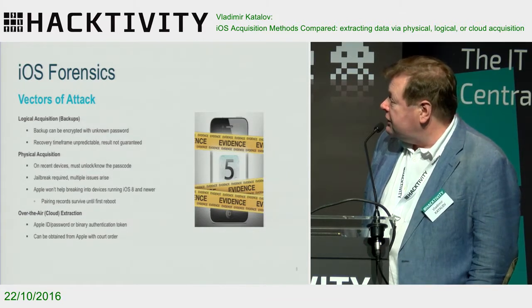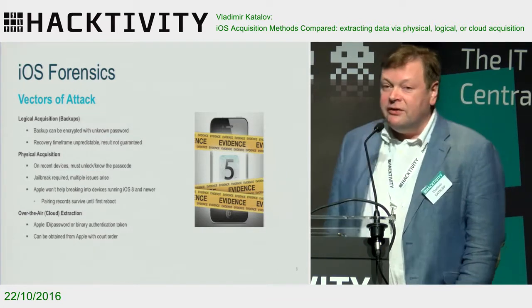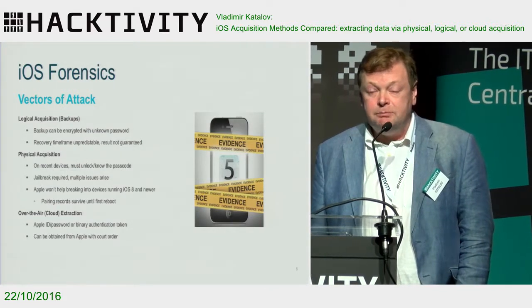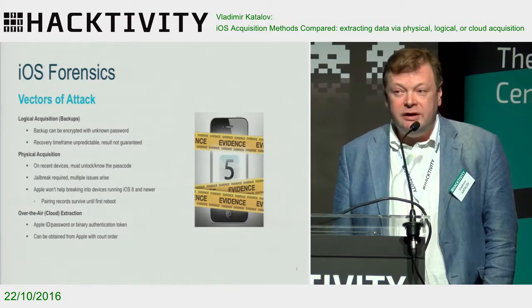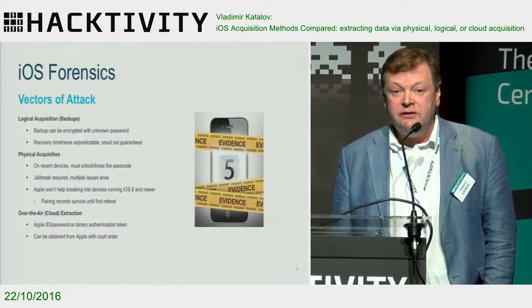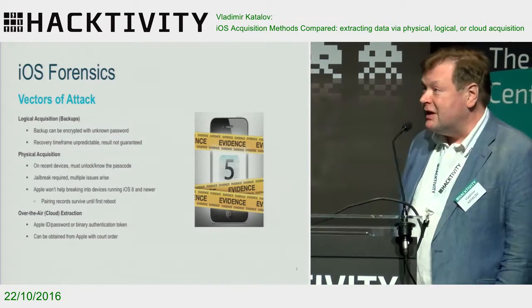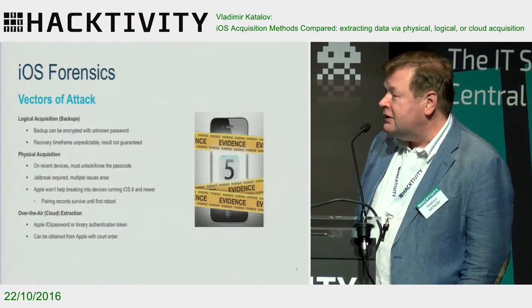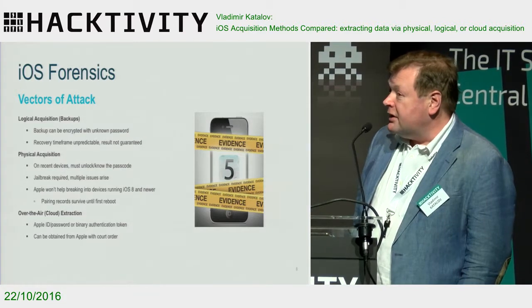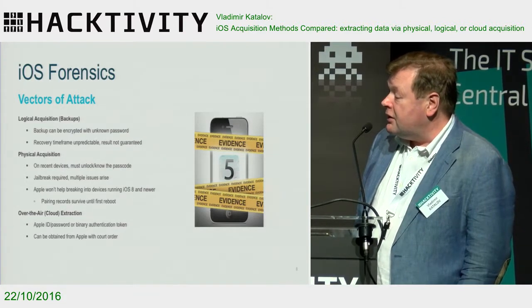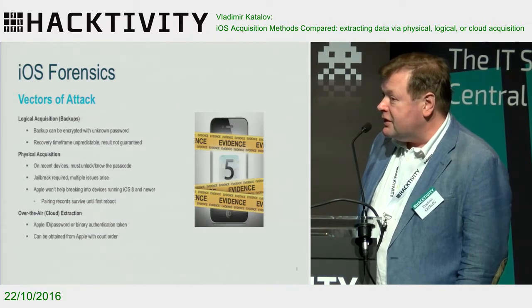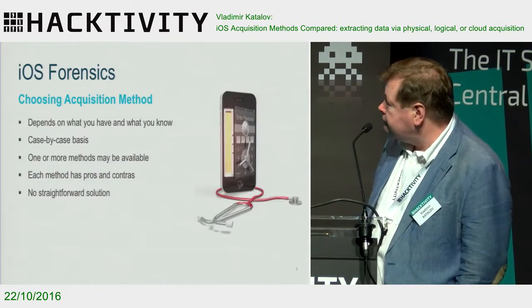And the third method is the over-the-air acquisition of the information. That's basically backups created in iCloud, or some information that can be synced between the device and Apple iCloud. And even if iCloud backups are disabled, the iPhone still syncs a lot of information between the device and the Apple Cloud.